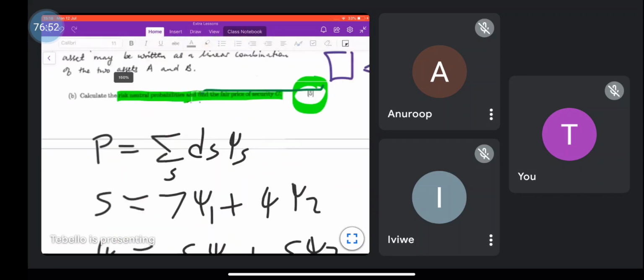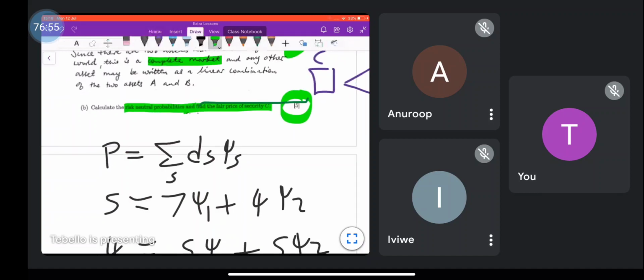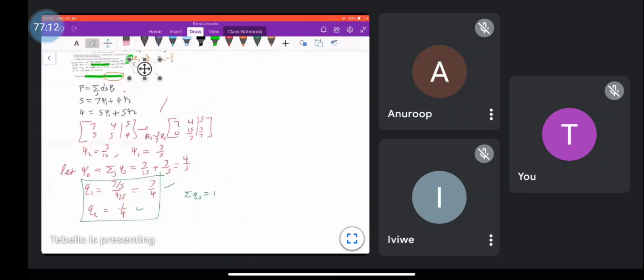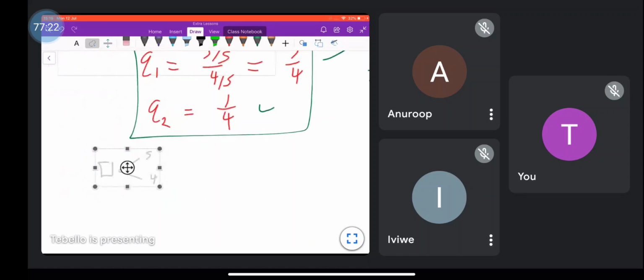This question goes further. It says to find the fair price of C. We say that C has a payout of 5 and 4. So to find the price of C, the theorem says that the price is going to be equal to the sum of the payout times the state pricing.